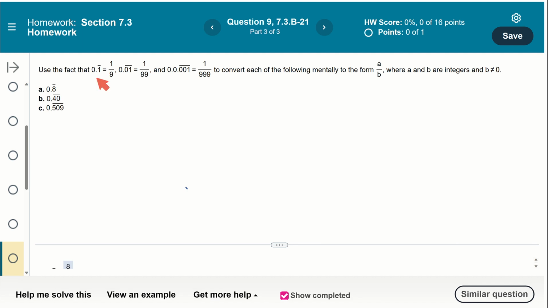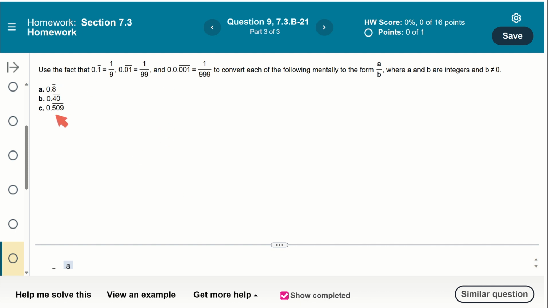Okay, here we have one where we're going to use the fact that 0.1 bar equals 1/9, 0.01 bar equals 1 over 99, and 0.001 bar equals 1 over 999. Now, these 3 are easy facts you could easily come up with yourself, right? So we're going to use these facts to convert these into fractions.